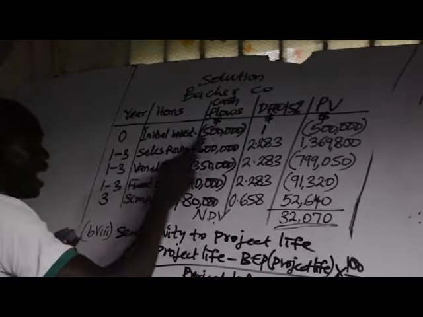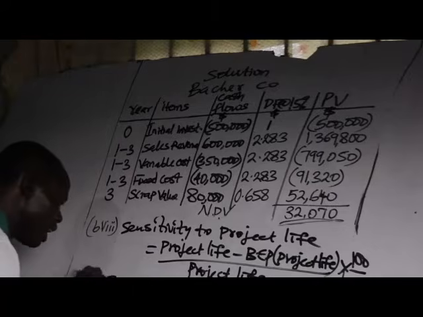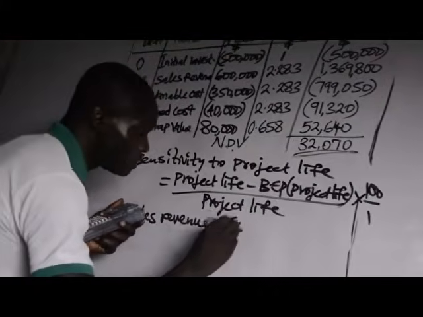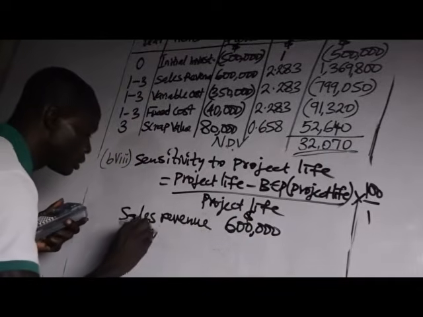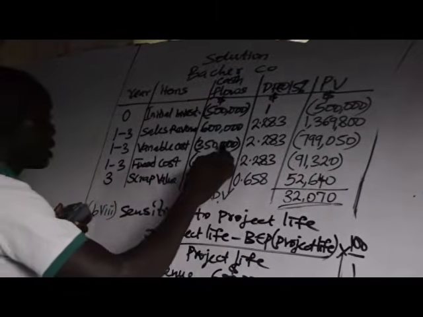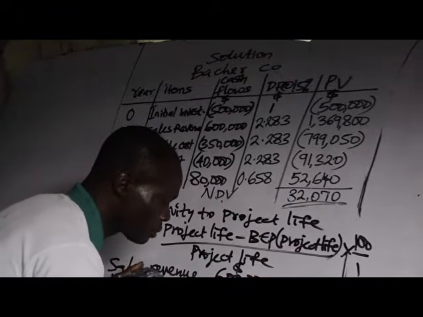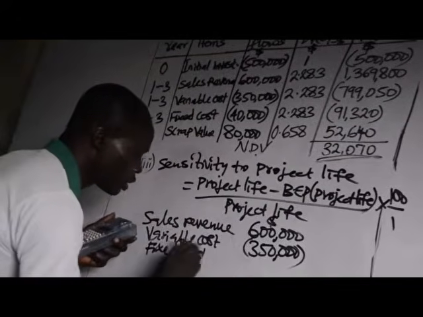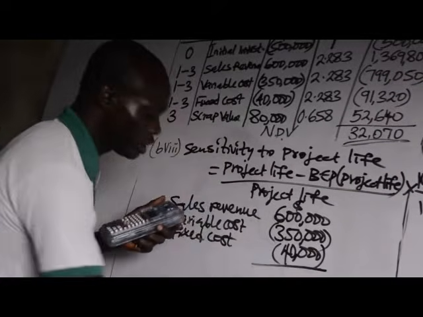Remember, it says revenue of $600,000 will be generated, variable cost of 350,000 and fixed cost of 40,000.